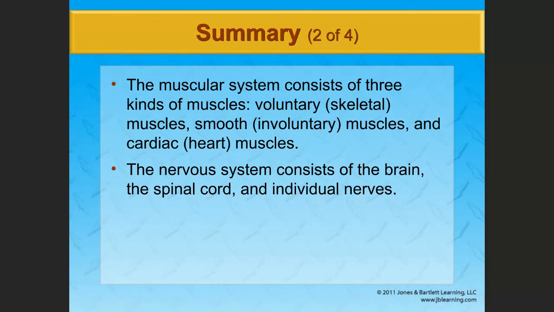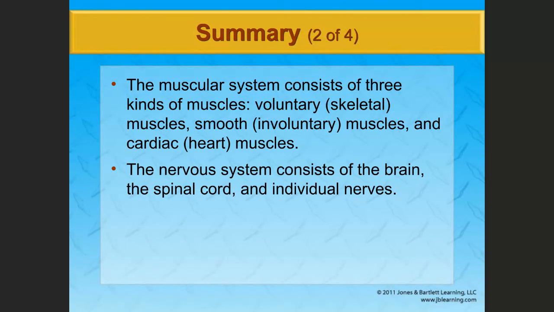The muscular system consists of three kinds of muscles: voluntary, which are skeletal muscles; smooth, which are involuntary muscles; and cardiac, which are the heart muscles. A muscle is considered voluntary when it requires brain function to move that muscle, meaning you have to think about that particular movement.